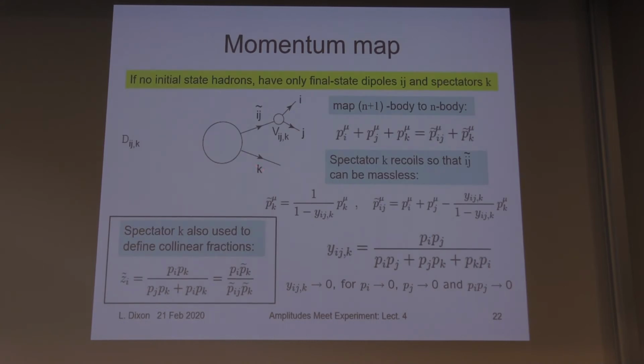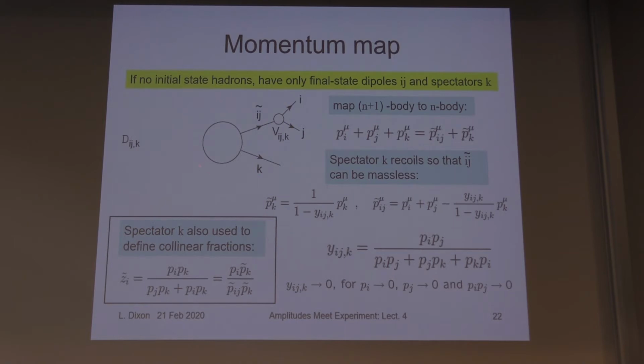So just slightly more detail. When you construct one of these dipoles, you have two particles that are getting singular, either collinear or one could be soft. And you would like to rewrite it in terms of some kinematics for n minus 1, if this has n plus 1, for an n-body phase space.